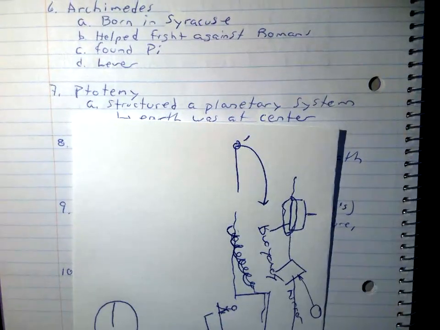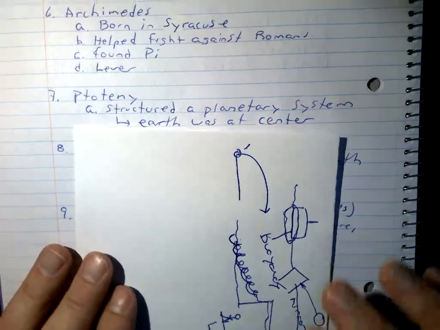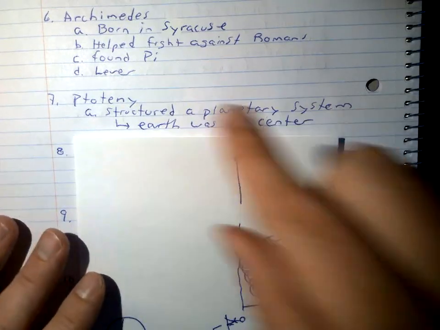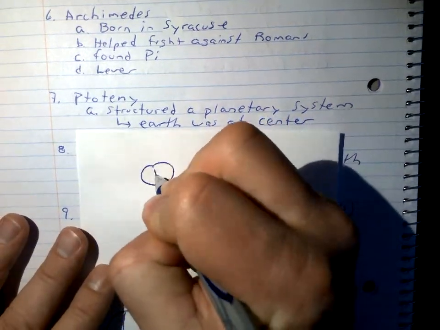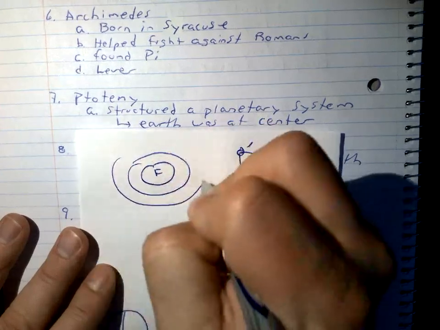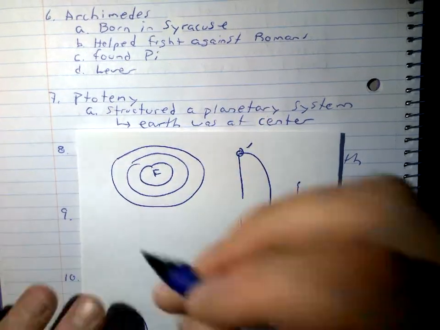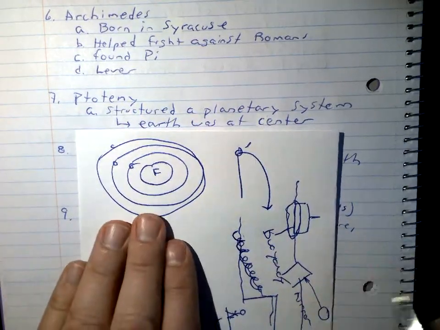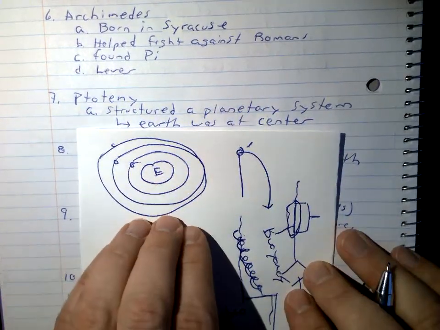And so Ptolemy was an interesting person. He created a planetary system that had the Earth at the center, and he made this little system. Said, "Okay, I have the Earth here, and then these are going around this object." And so you can almost see that it's very similar to what we have today.